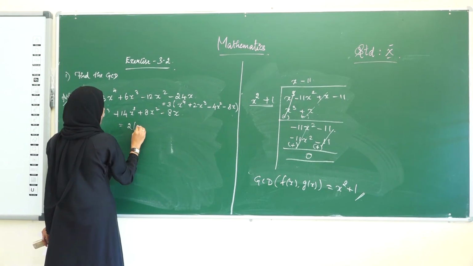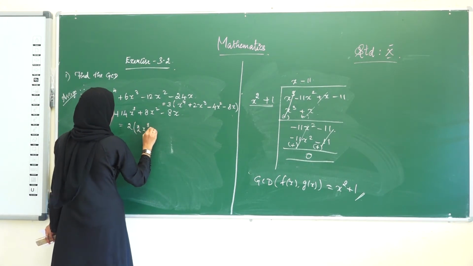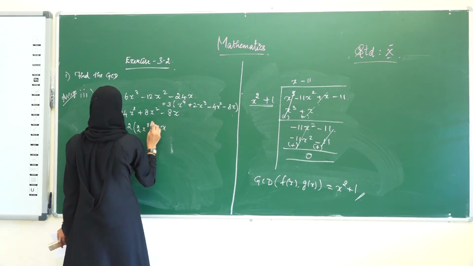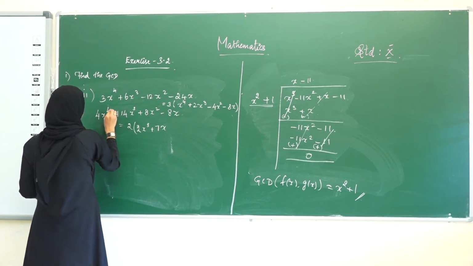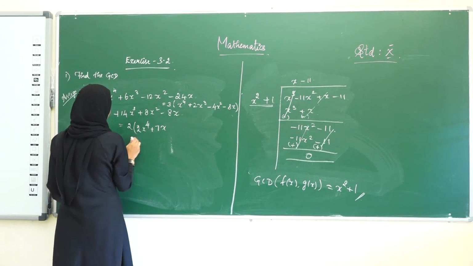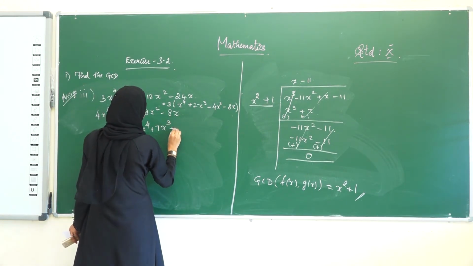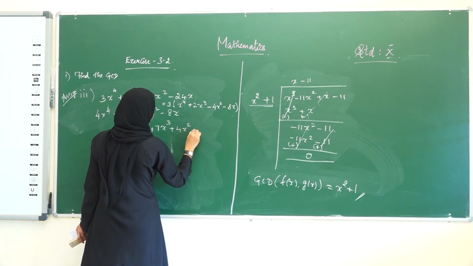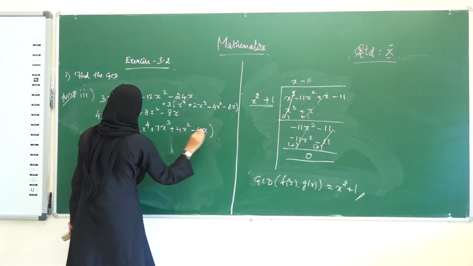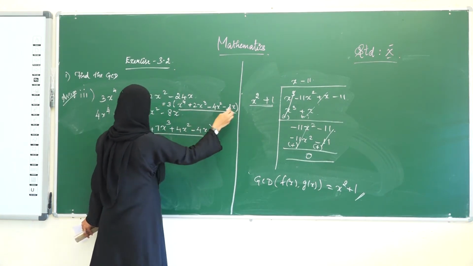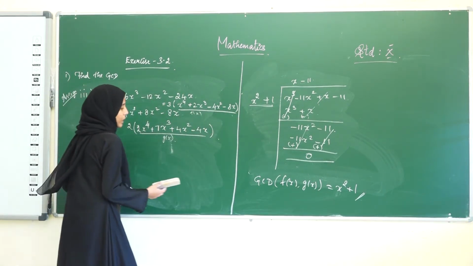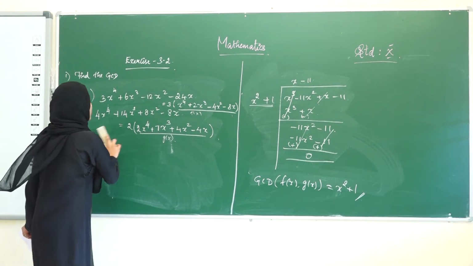When we take 2 outside, 2 into x power 4 plus 7x cube plus 4x square minus 4x. So, we are going to consider these equations alone. So, we will get this solution. This will be the assignment for you guys.